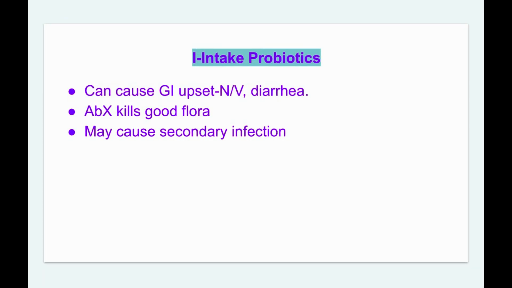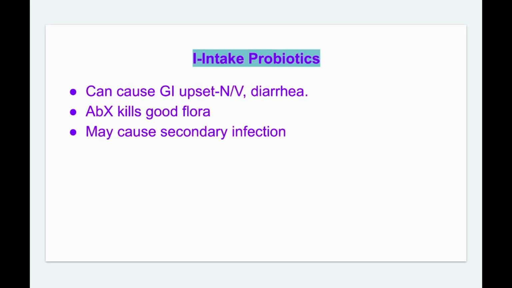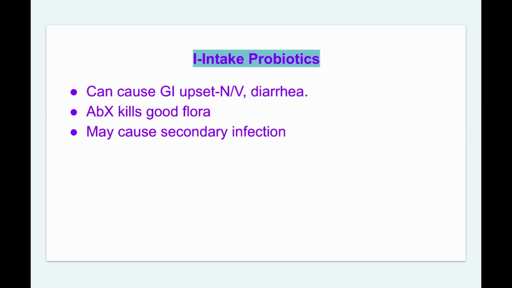It can cause a secondary infection, also called superinfection, such as Clostridium difficile, C. diff. So we need to take a probiotic while we're taking the antibiotic, because the antibiotic is very powerful. They kill the good bacteria in our gut, and then it can cause the infection called superinfection. So we have to keep an eye on it.